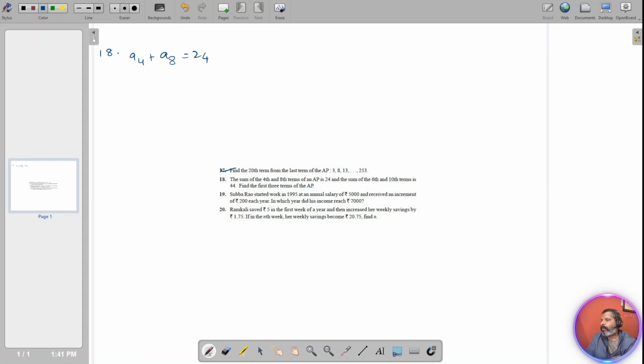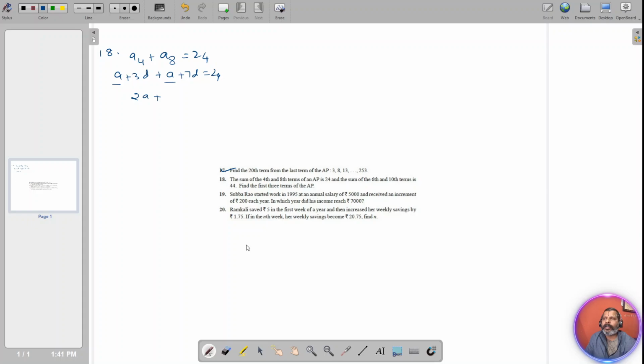Then the sum of the 6th and 10th term is 44. Before we go to that part, we just simplify this here itself. a4 means a + 3d, a8 means a + 7d, that is 24. You add these two like terms: 2a, and 3d plus 7d becomes 10d.